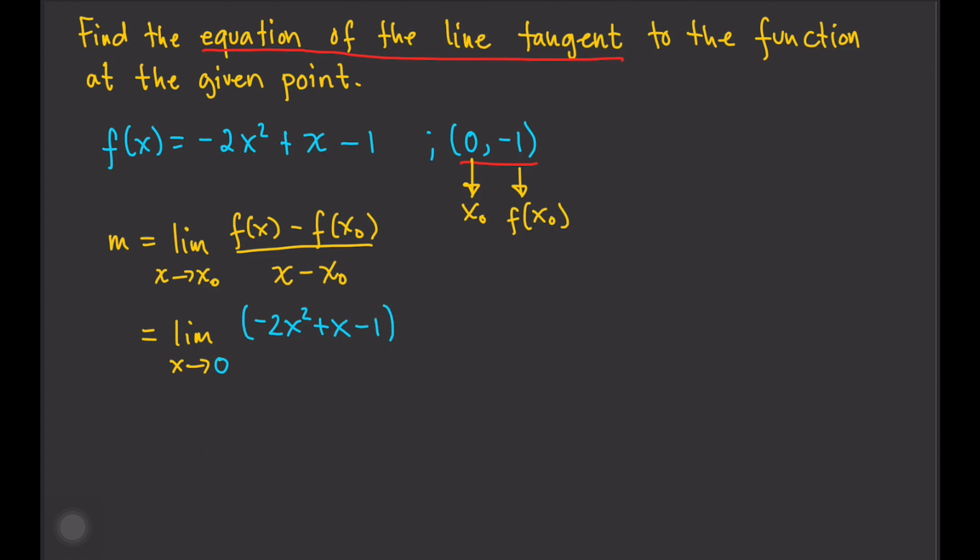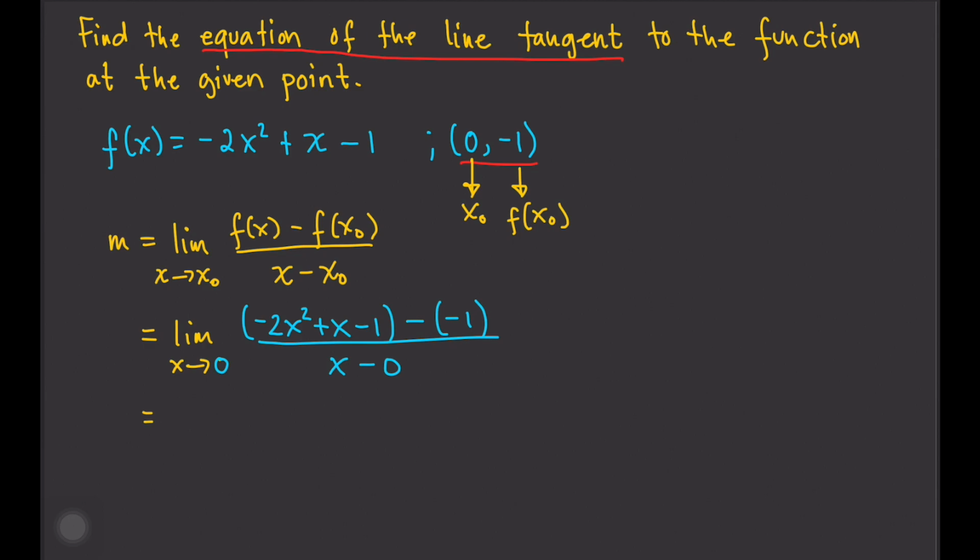So that's your f of x minus f of x sub o, which is -1, and then we divide that by x minus x sub o, which is 0, and then we will simplify.